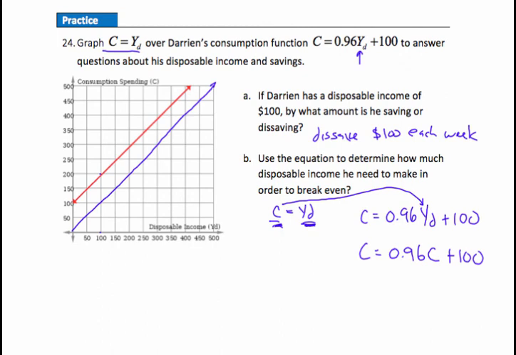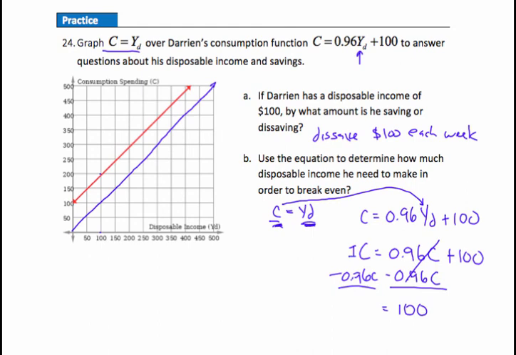Basically, I would get the variables to one side, so I'd subtract 0.96 C from both sides. The right side's pretty easy because this is going to drop out and leave us with 100. The left side, this is 1C. To have a C there is the same thing as having 1C.